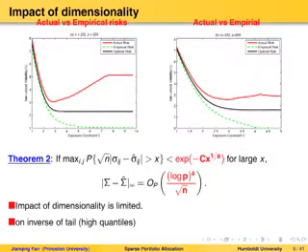So the impact of dimensionality is limited. If you don't like the exponential tail, you could use a polynomial tail; all you need is to invert that tail to get the impact of dimensionality. So in short, the impact of dimensionality is really limited if you put gross exposure constraints.